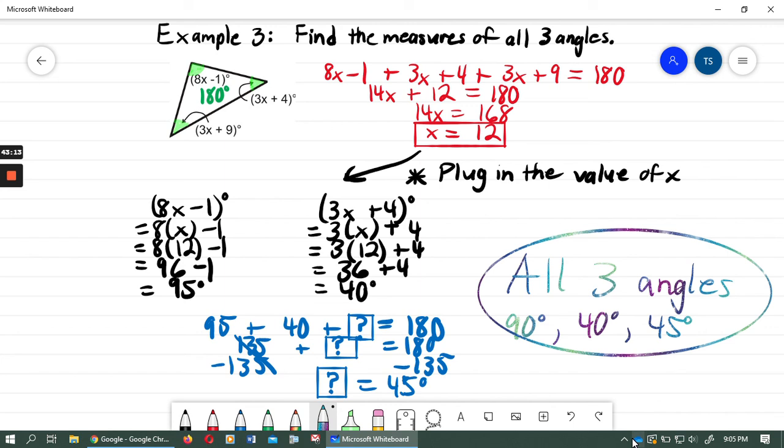Some involve other concepts we've talked about, like special angle pairs when we have transversals and parallel lines. So just bear with me. I'm gonna explain it to you. I ain't leaving you hanging.